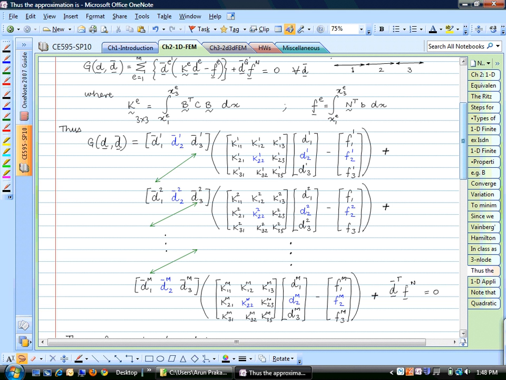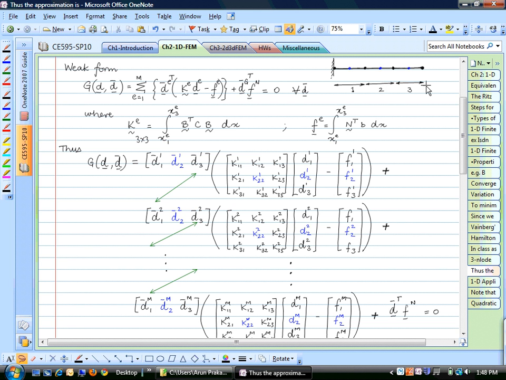But there's a better way to do that. The reason that we want to do it in a different way is because if you assemble all of these equations, it would increase the size of your total global degrees of freedom. Okay, so let's consider this case. If I had 3 elements and 1 degree of freedom per node, like we were doing before with the linear elements, how many total degrees of freedom do I have?